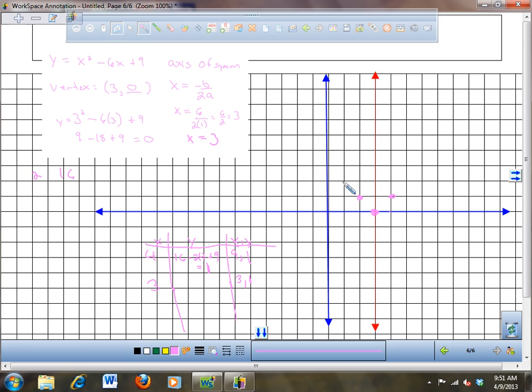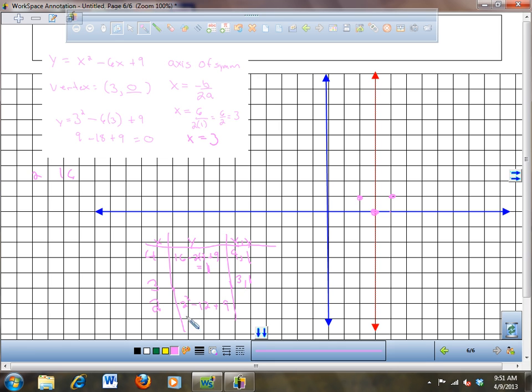How about if we plug in this point over here, 2? So let's plug in positive 2 and see what I get out. So let's see if I can do it right this time. 2 squared minus 6 times 2. What's 6 times 2? 12, plus 9.